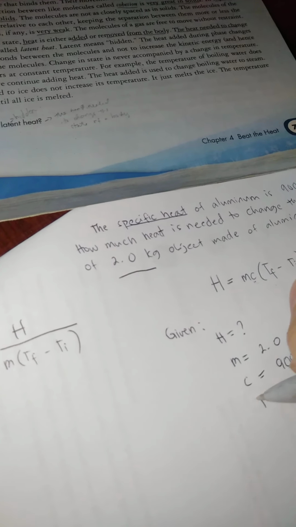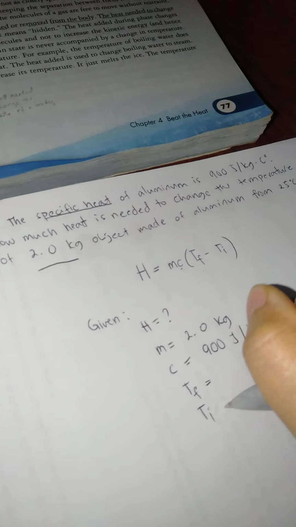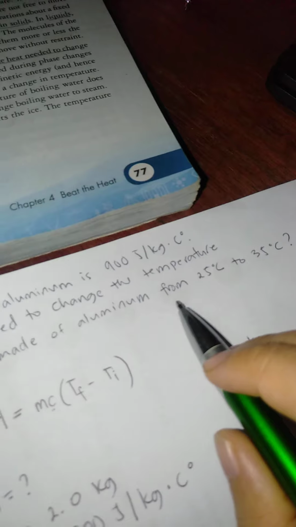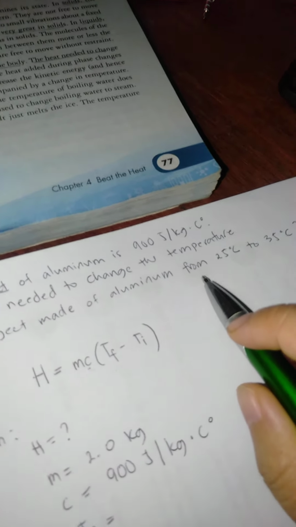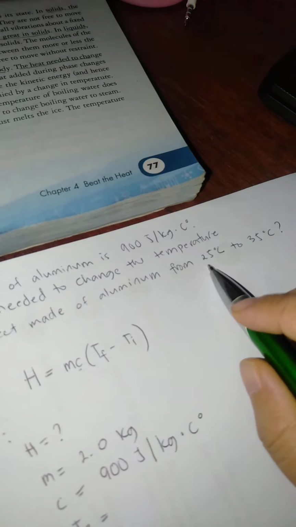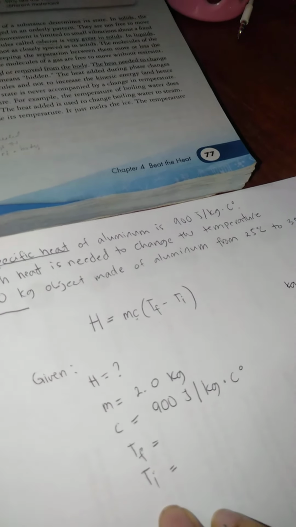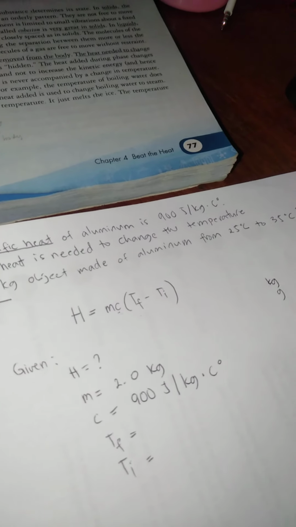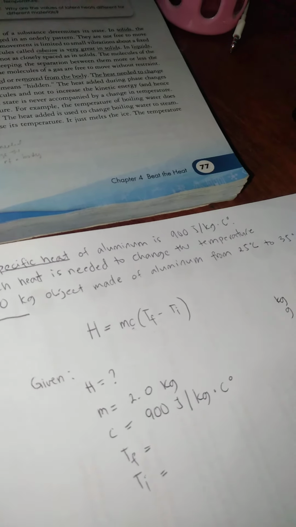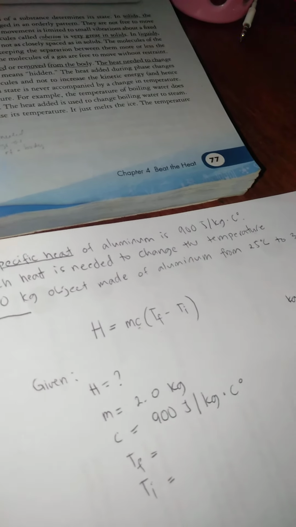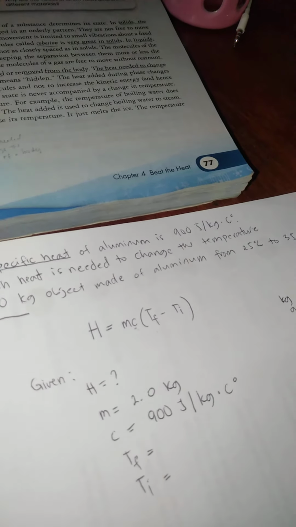And the last two are the final and initial temperature. How can you find the initial and final temperature from 25 degrees Celsius to 35 degrees Celsius? The final is the last temperature, and the initial is the temperature at the start, the start of changing the heat.